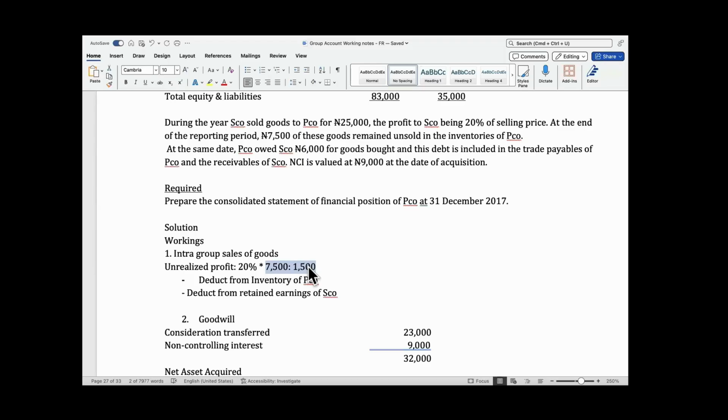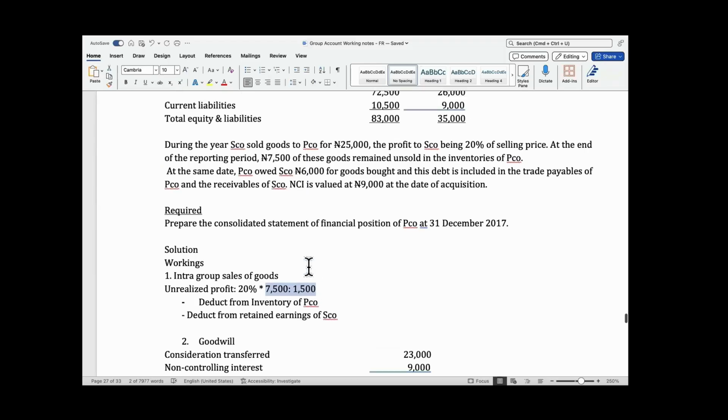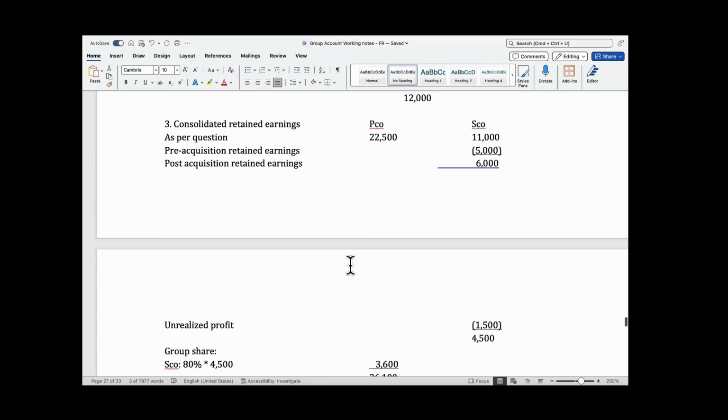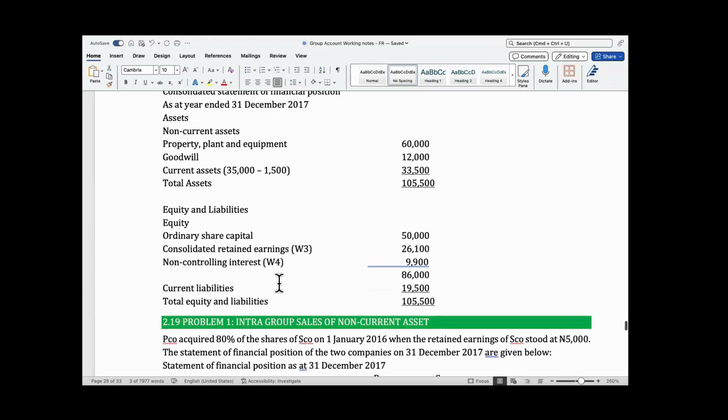That's 6,000. How do we treat this 6,000 that is remaining? You're supposed to cancel it out now. They were owing one another, 6,000. You remove 6,000 from here, what will remain?